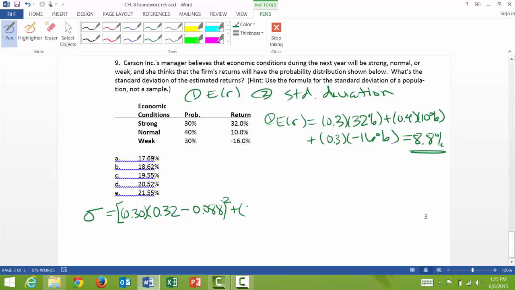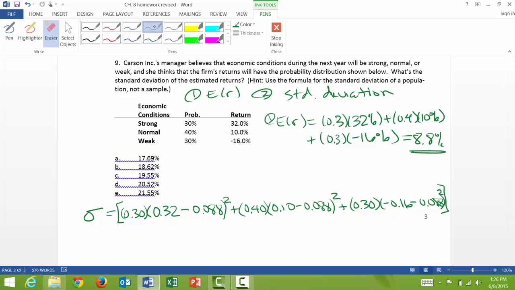Plus the next one, 0.4 probability of getting a 10% return minus the expected return, and that's squared, and then plus 0.3, a 30% chance of getting a negative 16% return minus 0.088, and that's squared. To get the standard deviation, we will have to raise everything in here to the 1/2 power.